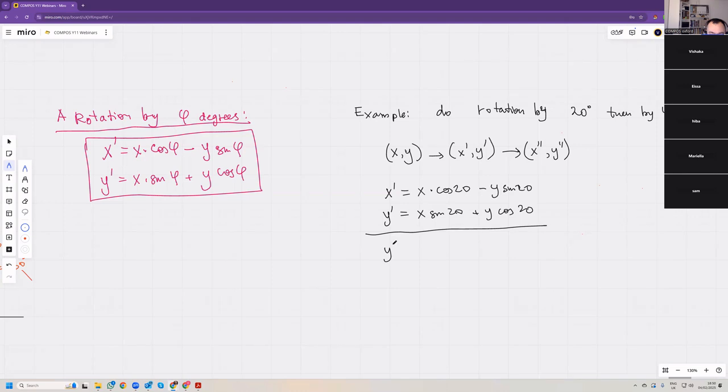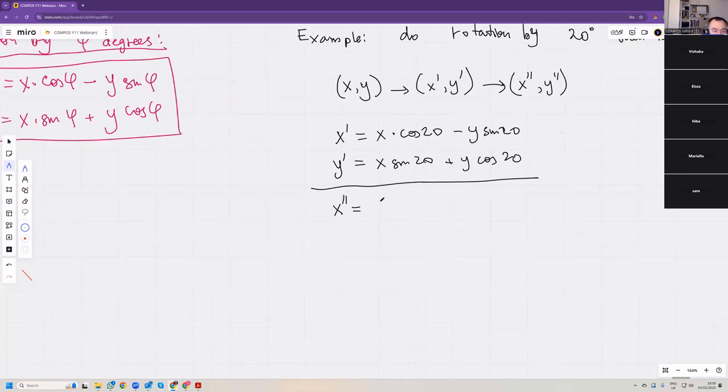Now x double dash is a transformation of this point by 40 degrees. So that's going to be x dash cos 40 minus y dash sine 40.